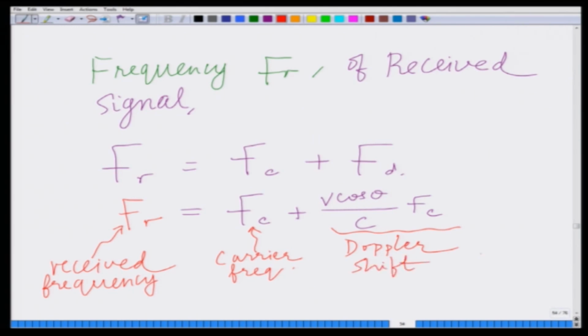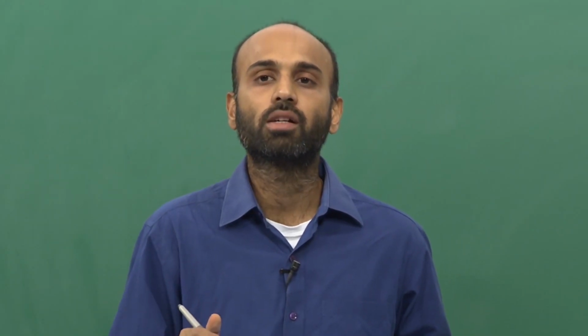So, the received frequency is the original carrier frequency Fc plus the Doppler shift.